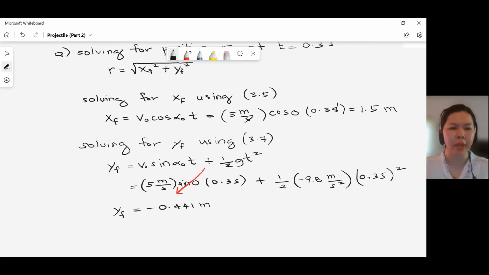Now that we have xf and yf, we can solve for r. We substitute.